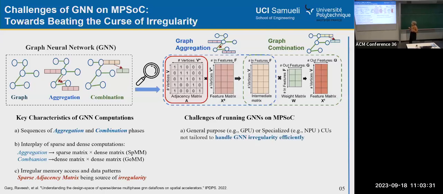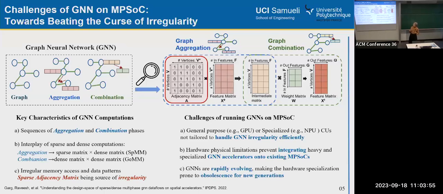First of all, in existing NP-SoC accelerators, the general purpose accelerators, for instance, GPUs, or specialized ones, for instance, NPUs, are not designed or tailored to handle this irregularity within GNNs.